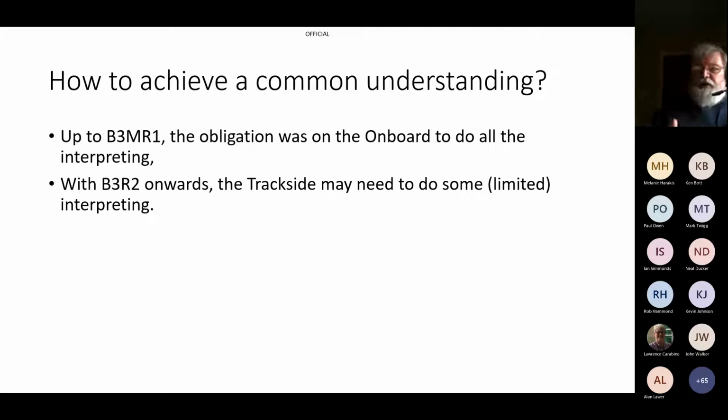Baseline 3 release 2 introduced some mechanisms where the trackside needs to do some of the interpretation as well. And that's becoming even more of an issue as we move to the next release and things like ATO are introduced, where the trackside may have to adjust some of its messages depending on the capabilities of each individual onboard.